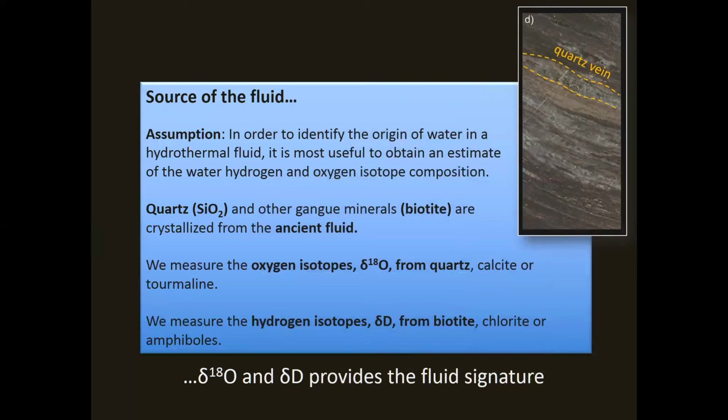The quartz and the other gangue minerals here obviously represent the ancient fluid that once crystallized here. So by measuring the oxygen in the quartz and the hydrogen from the biotite, we will get a signature for the oxygen-hydrogen isotopes in the fluid here. So we will be provided with a fluid signature from the oxygen and hydrogen isotopes.